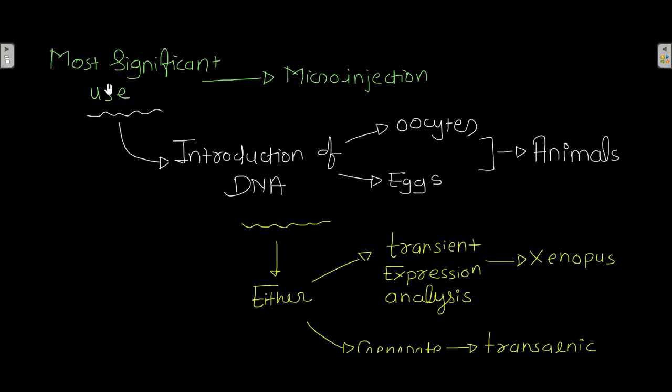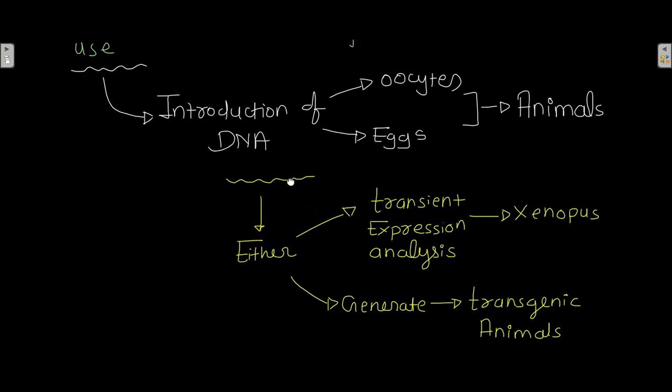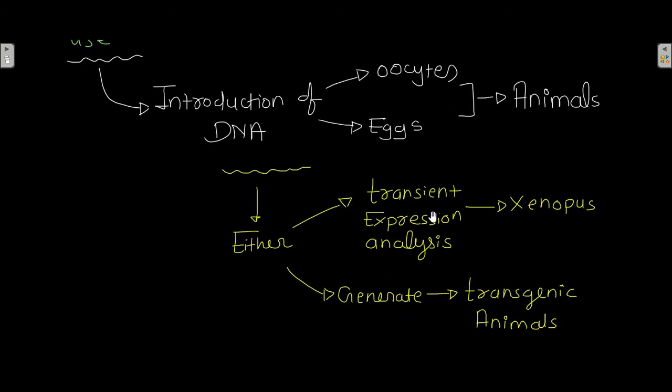Now the most significant use of microinjection is to introduce DNA into the oocytes or eggs of animals. This is done either for transient expression analysis, for example in Xenopus, or to generate transgenic animals.